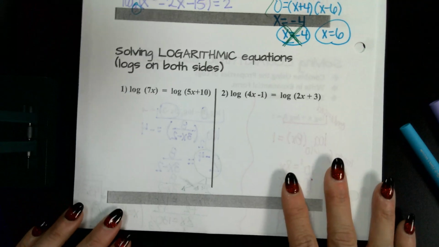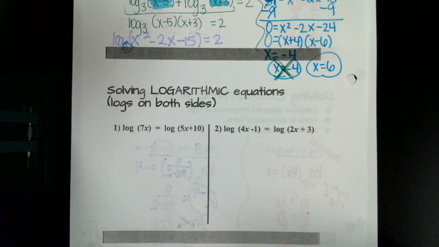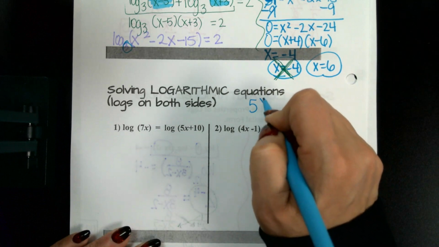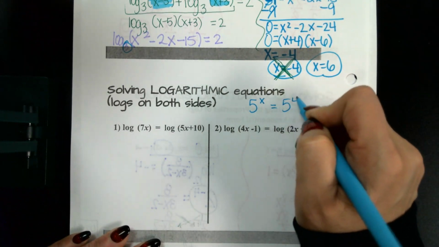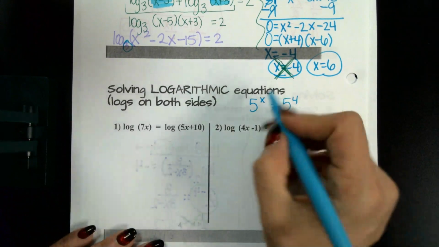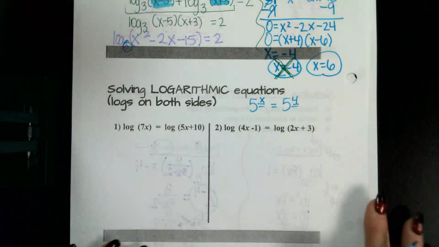All right, down here at the bottom. Now look, these are going to switch, because now notice how there's a log on each side. See that? Okay, do you guys remember yesterday when we did those exponential equations, once their bases were the same, did we have to use the base anymore? No, we just had to say this equals this. This is the same concept.